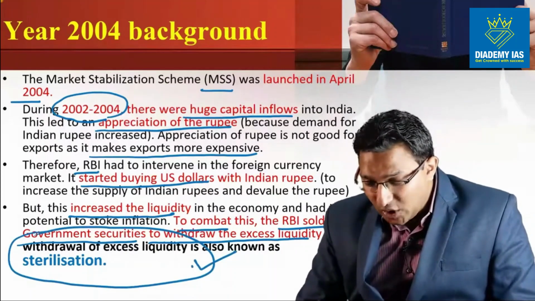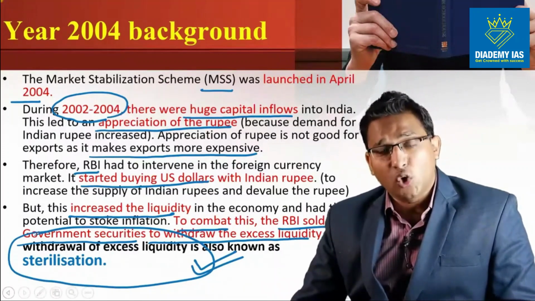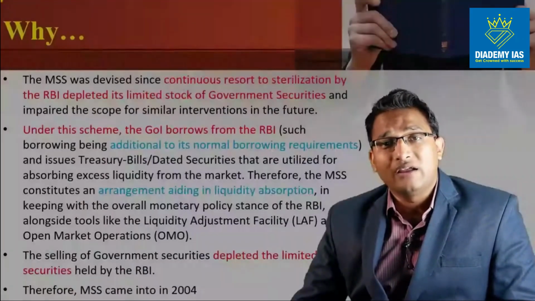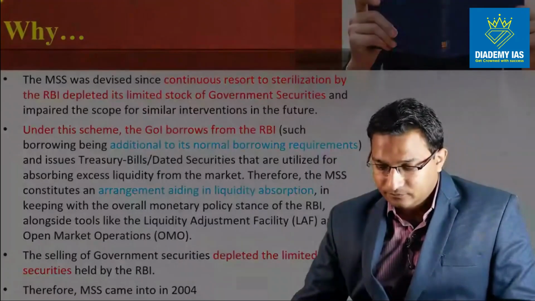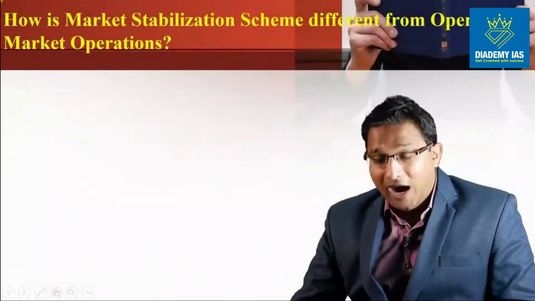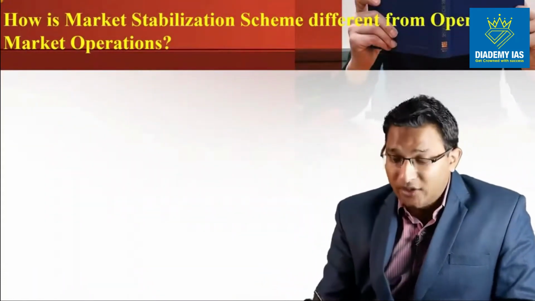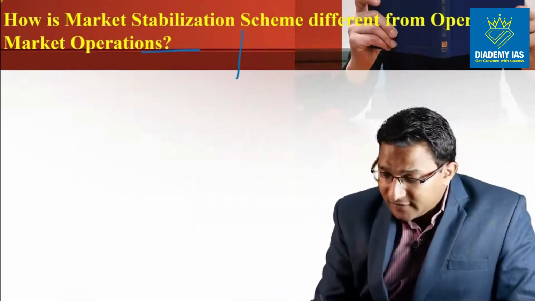So there can be a question in the examination, what is sterilization? So withdrawal of the excess liquidity is called sterilization. How is the market stabilization scheme different from the open market operations? So I already told you there are two aspects.